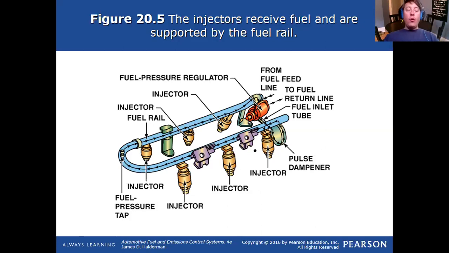And so, in order to combat that hammering effect on fuel delivery, what manufacturers have incorporated are dampening devices, kind of like shock absorbers. This pulse dampener is just one illustration, but the theory is pretty much the same on all of them.